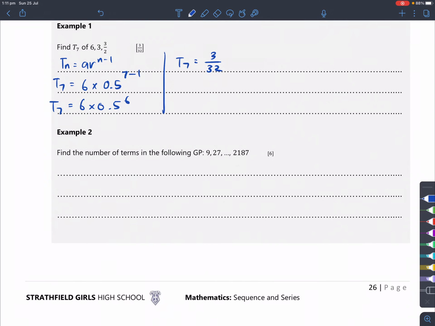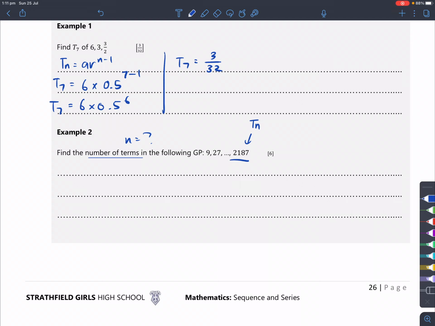Example 2. Find the number of terms in the following GP. So this means we want to find out what is the value of n. In this GP, we can see that there's the first term. We can also see what the ratio is, which is 3, because 9 times 3 gives you 27. We also have the last term. And this last term, as you know from before in the AP questions, is what you call Tn, the last term.